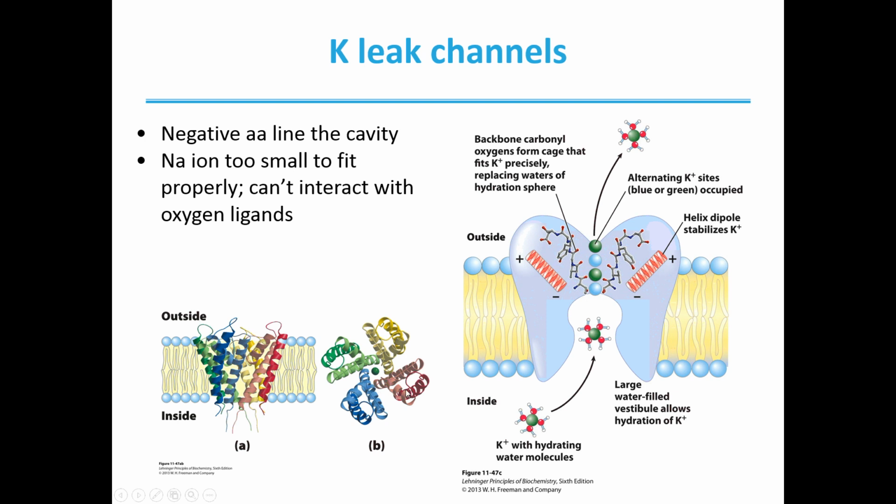That little pore has specific residues that interact just so the potassium surrounded by water molecules fits perfectly into this pore. The sodium itself doesn't fit into the pore correctly. So even though this really is sort of just an open channel, only potassium has the correct structure that it can simply flow through.